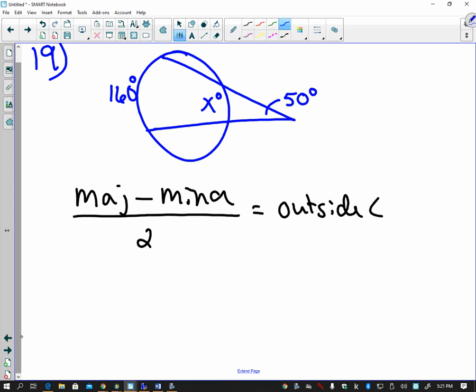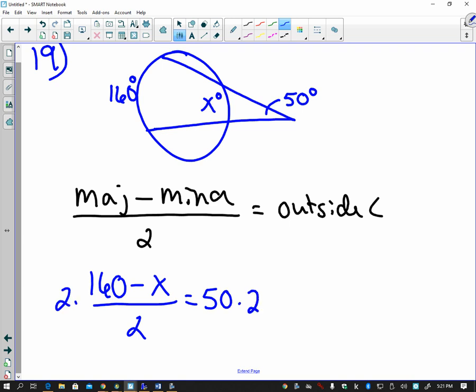In this case we know our major arc is 160, minus x, divided by 2, is going to equal 50. Multiply by 2, so we should get 160 minus x equals 100.